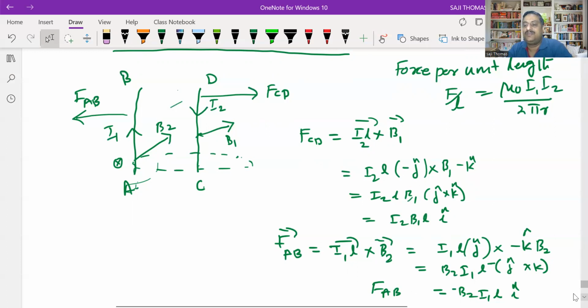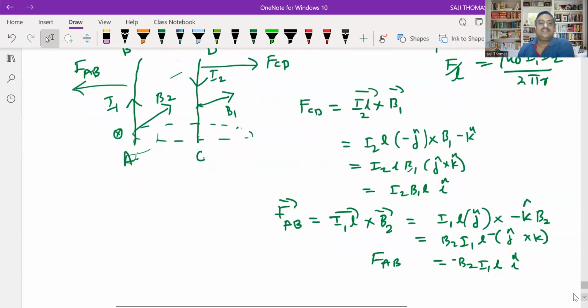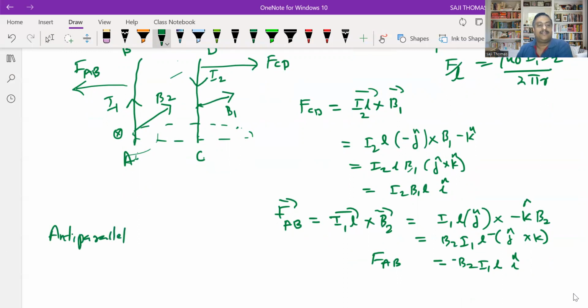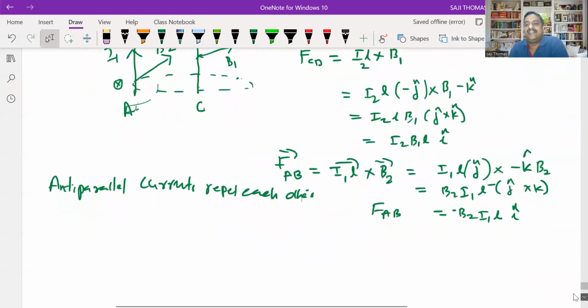Magnitude of the forces will be the same. So force between two parallel conductors, magnitude is given by F equals mu 0 I1 I2 by 2 pi r into L.